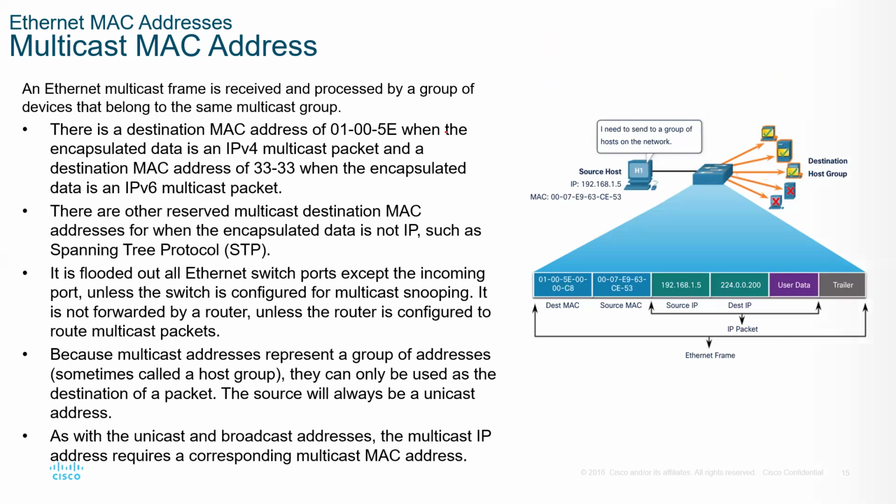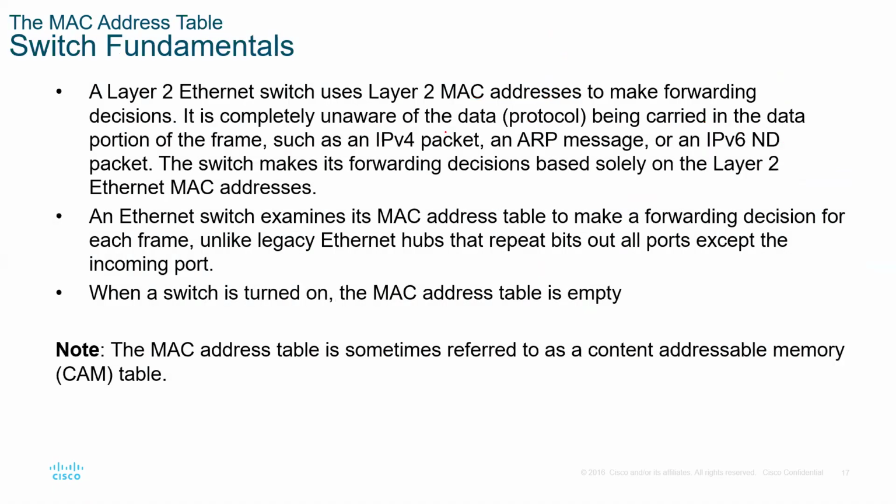The MAC addressing table. A layer 2 switch uses layer 2 MAC addresses to make forwarding decisions. It is completely unaware of the protocol being carried in the data portion of the frame, such as IPv4, ARP, IPv6.